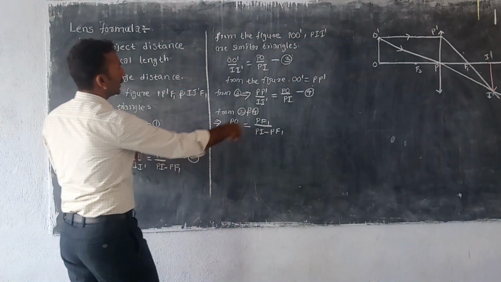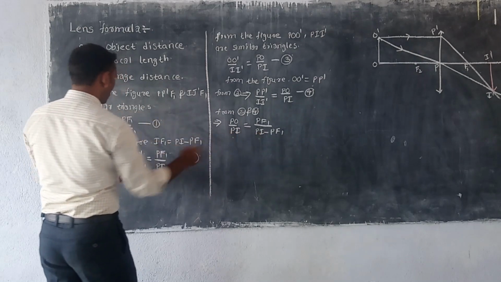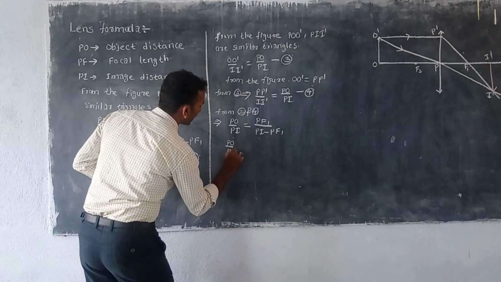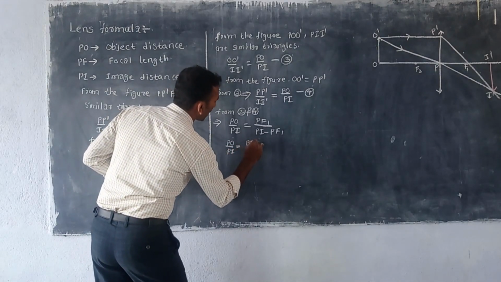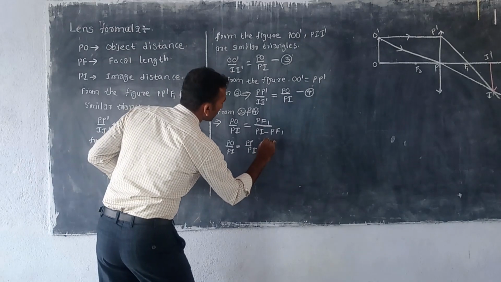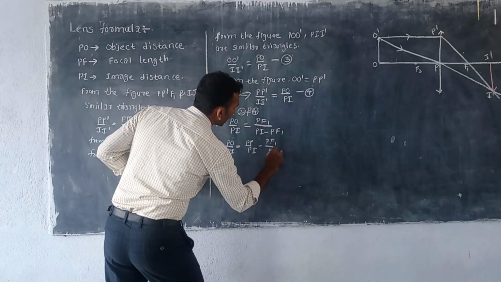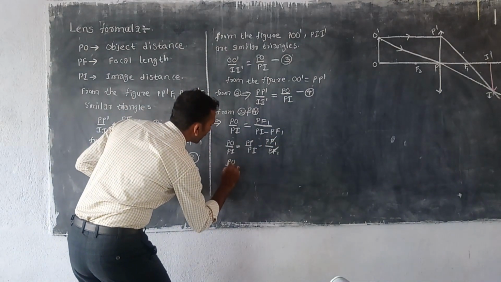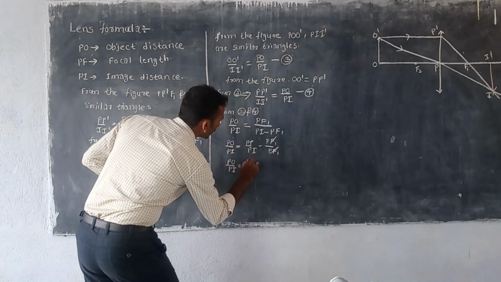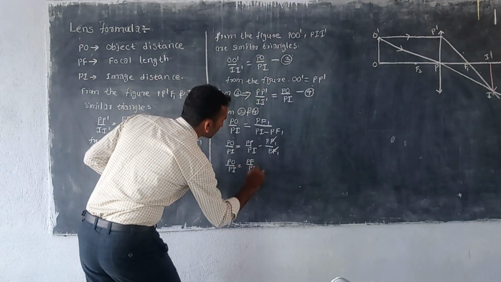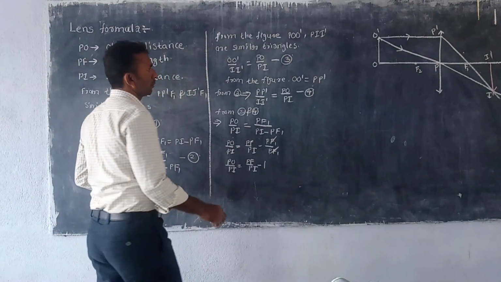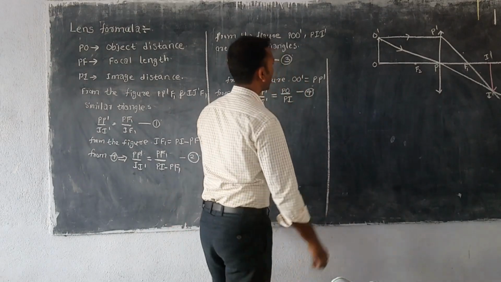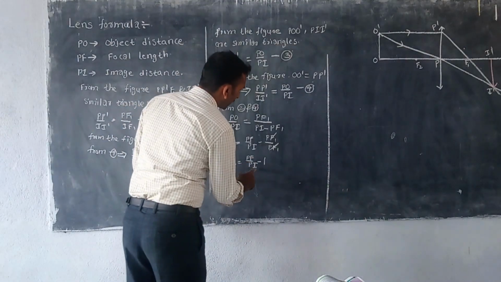So simplify this one. PO by PI equals PF by PI minus PF1 by PF1, and both will be cancelled, and PO by PI equals PF by PI minus 1.